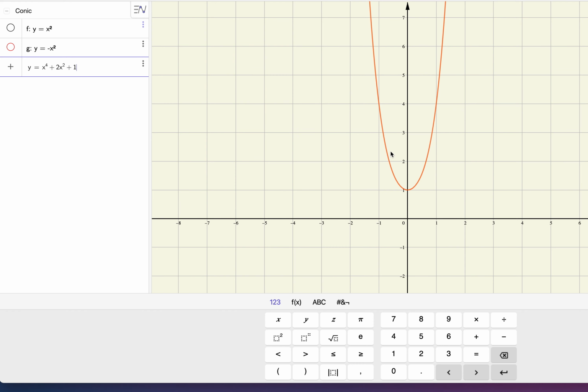How should I understand this is not a parabola? Because this is not a quadratic, it's a polynomial with power 4. If I take this x to the 4 away, then that's a parabola. But then you see that the prediction was still correct. This graph is symmetric with respect to the y-axis. Now let us make it a little bit more fun.